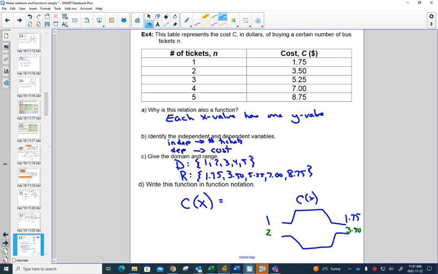What's the rule? Times 1.75. You just multiply whatever you put in by 1.75. So if you put in x, out would come 1.75x. That is your function notation for this equation.